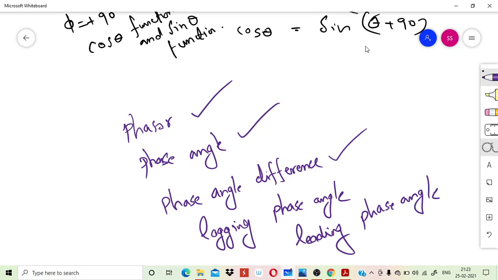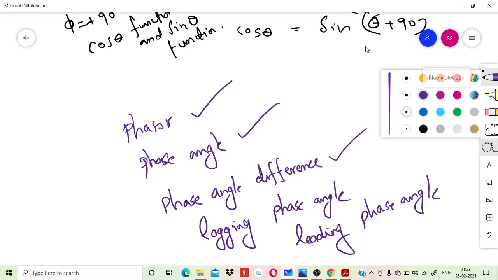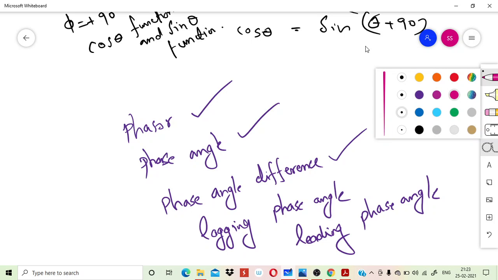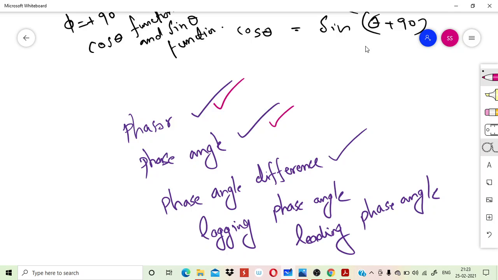All these terms and concepts are very important in electrical engineering.